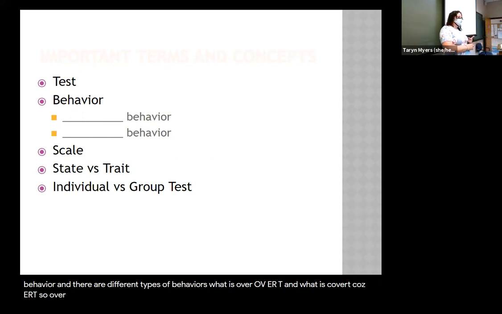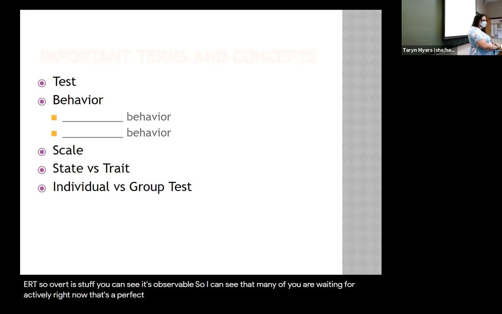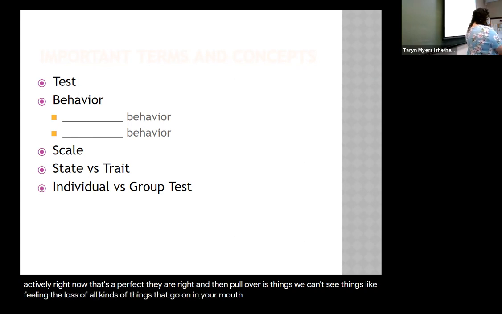Overt is stuff you can see, it's observable. So I can see that many of you are writing frantically right now. That's overt behavior. And then covert is things we can't see. Things like feelings, thoughts, all kinds of things that go on in your mind that there's no direct behavioral manifestation.